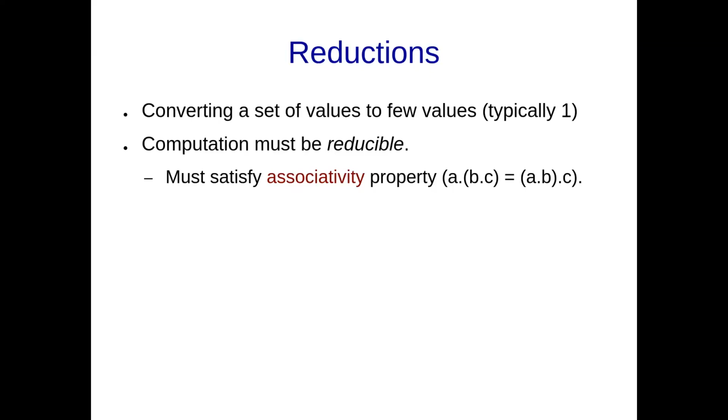For example, if there are three elements A, B, C, can I say that max of A, B, C is the same as: first I compute the max of A and B, and then to whatever is the max, I apply max along with C. That is one way.